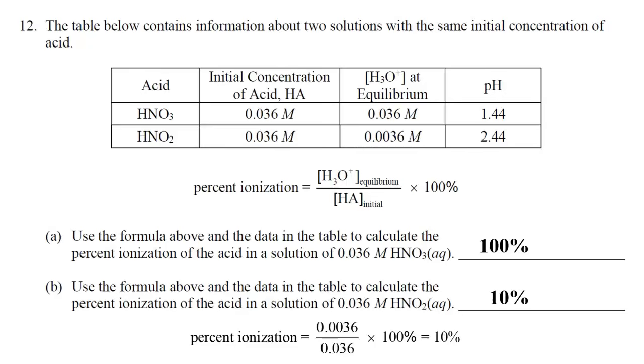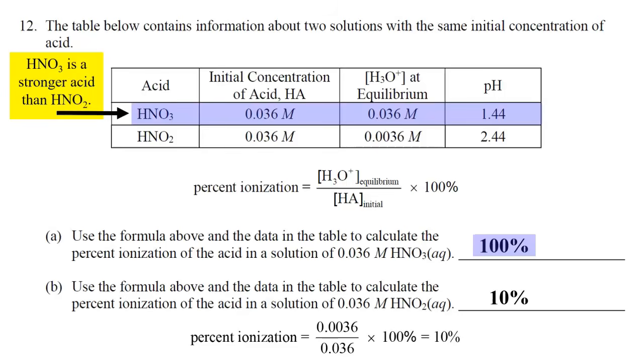They have the same initial concentration of 0.036 moles per liter, but look at those pH values. So nitric acid, HNO3, is a stronger acid than nitrous acid, HNO2, and here's why.